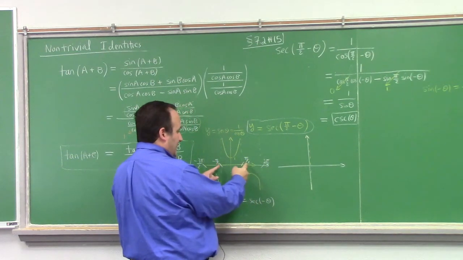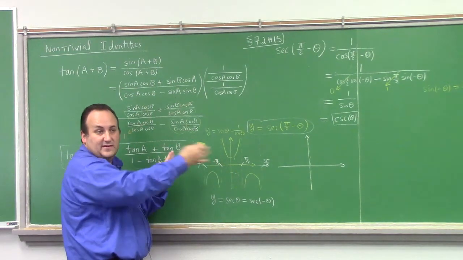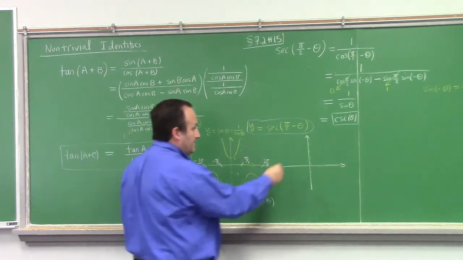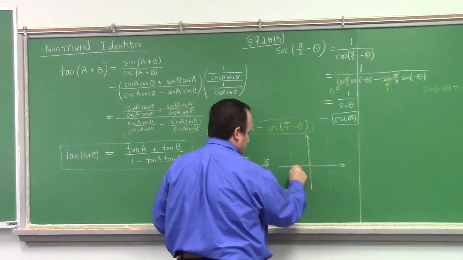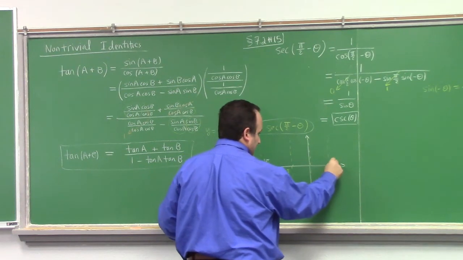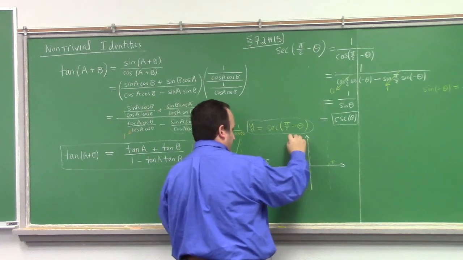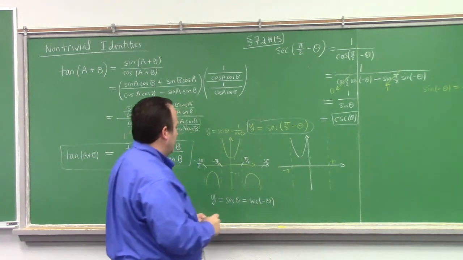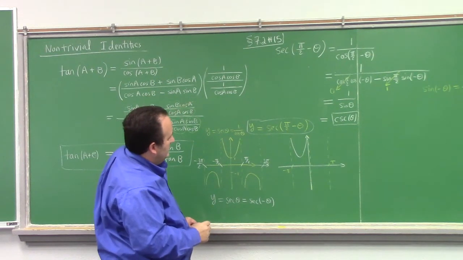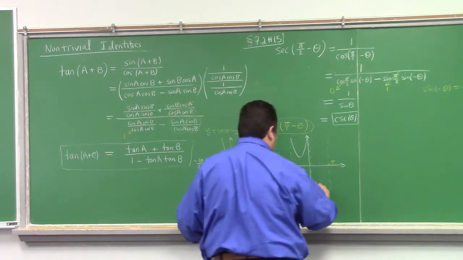And the asymptotes are pi distance apart, right? Because every pi you have a 0 in cosine. So you got, I'll just draw it like this, right? And so to the left, so this one, is that right? Wait a minute. Okay, feels wrong.